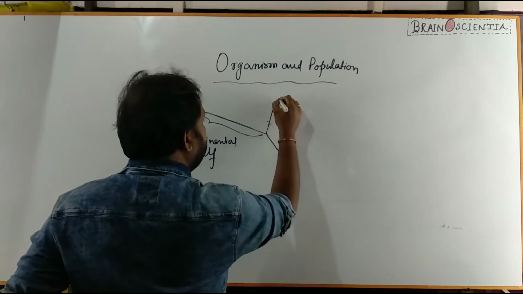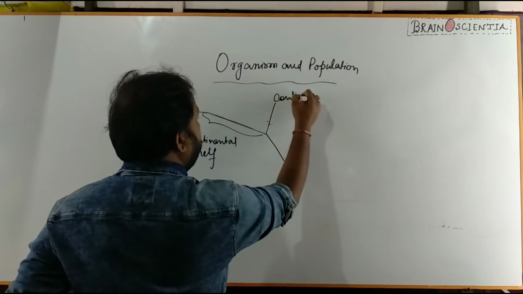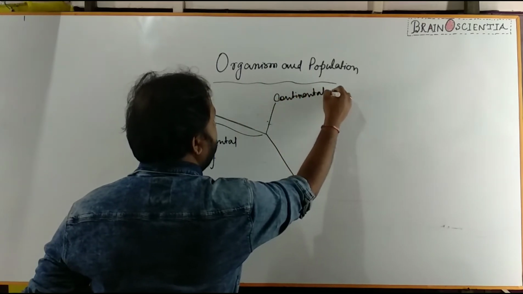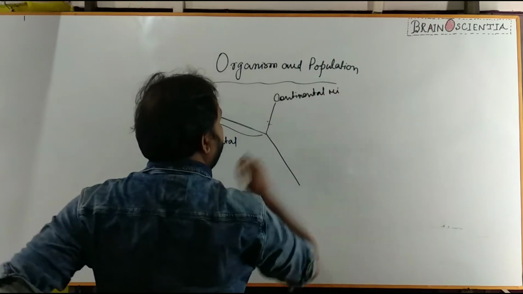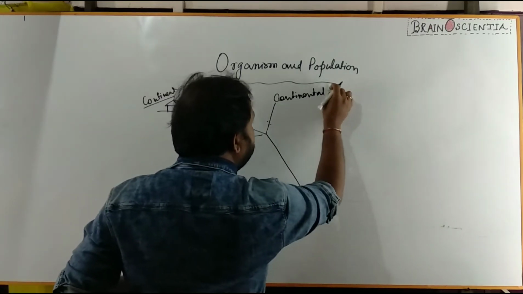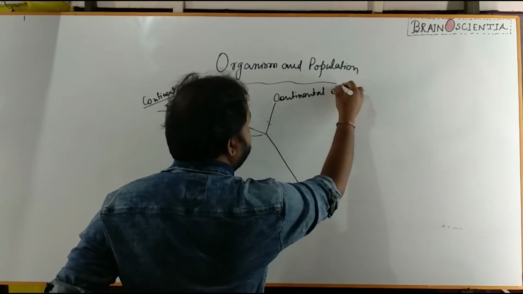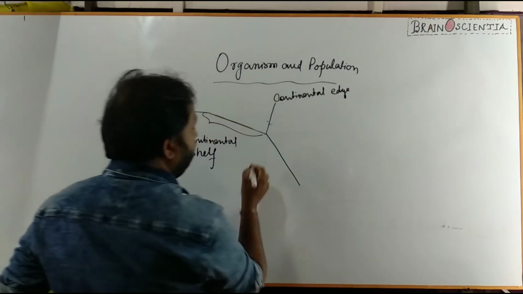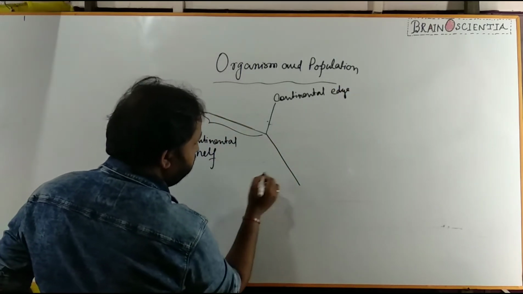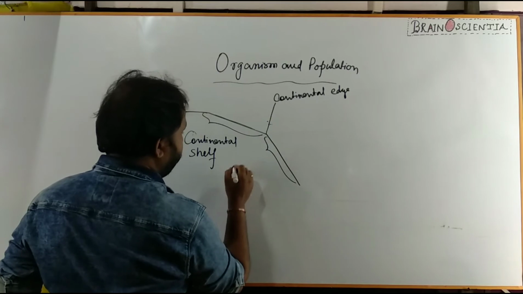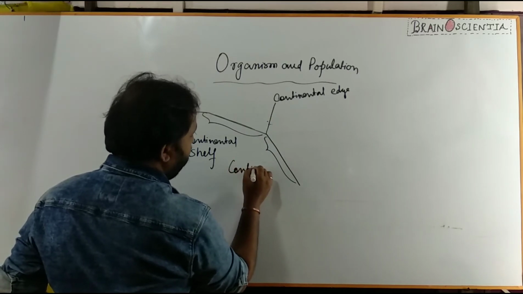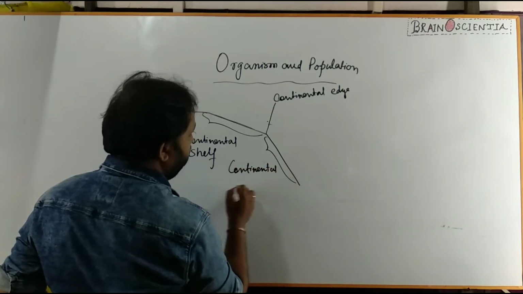This is the continental edge. Then there is a slope. This region is called the continental slope.